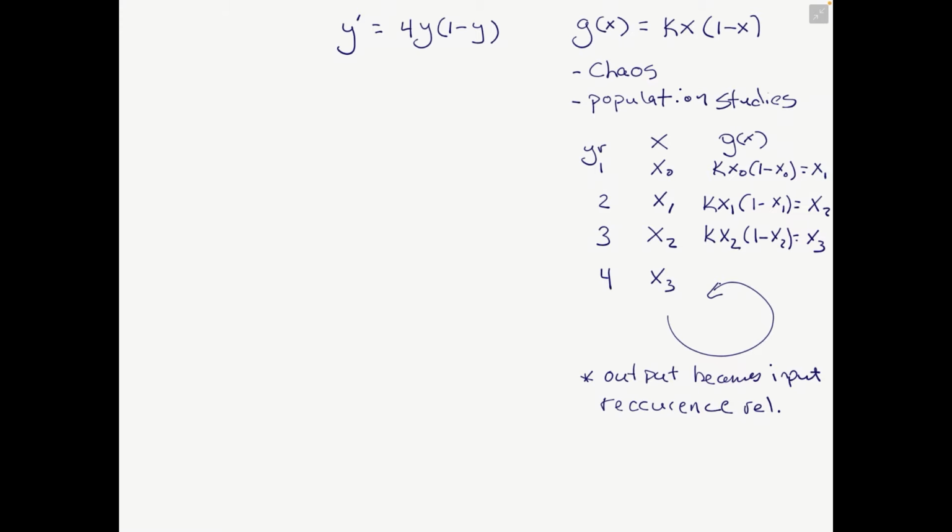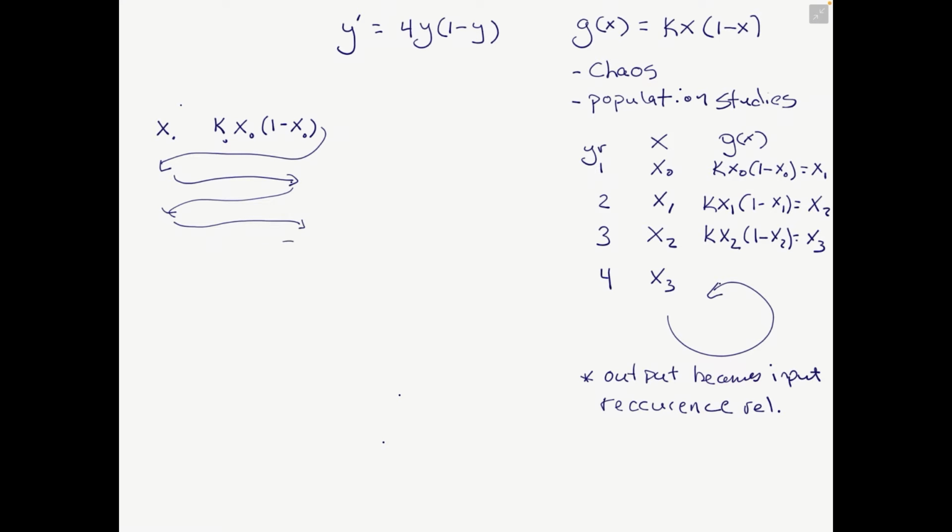So if you start out with an initial x, let's say x naught, and you plug that into k x naught times 1 minus x naught, and you crunch this out, the output becomes the input, and then the output becomes the input again and again.